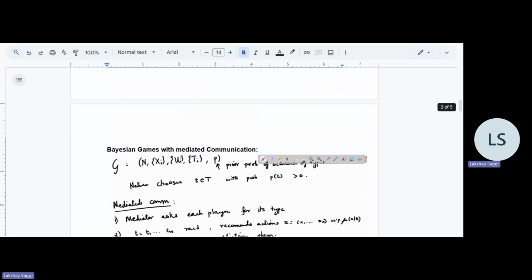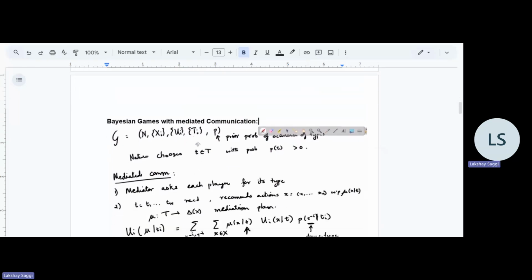So after this, one can model this mediated communication in Bayesian games also. We had discussed what Bayesian games are. In Bayesian games there were a set of agents, a set of strategies and a bunch of utility functions for those agents, but every agent also had a type, and this type was not fixed for every agent, but rather it was chosen by nature.